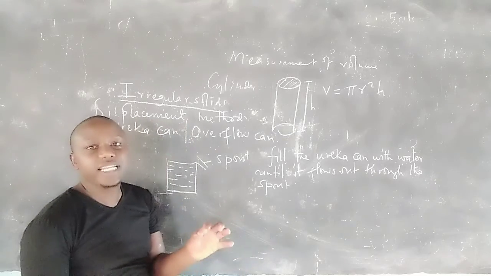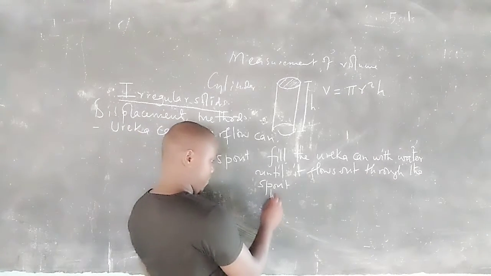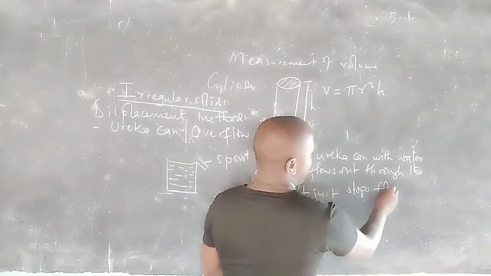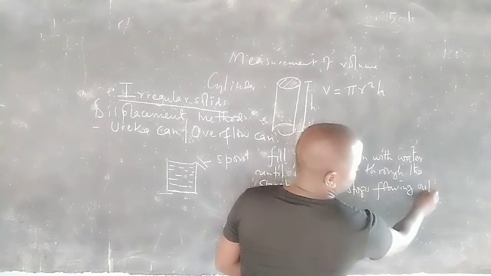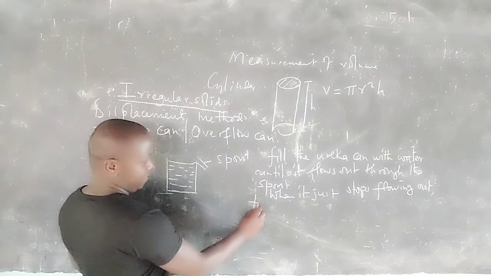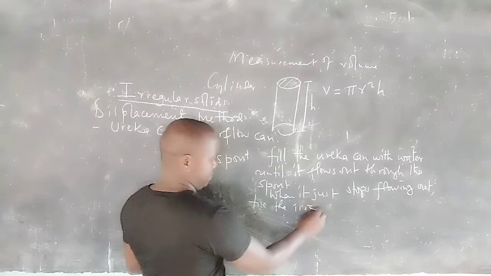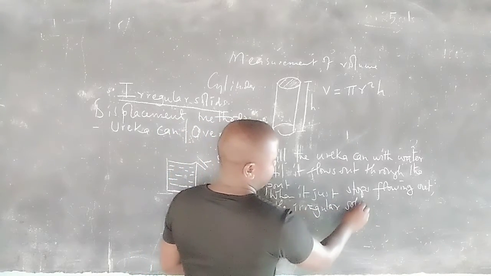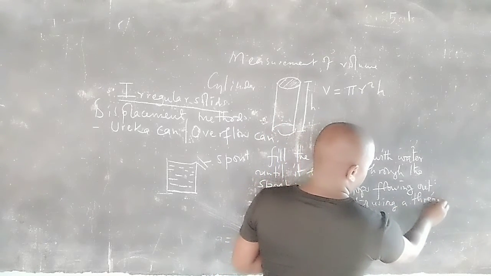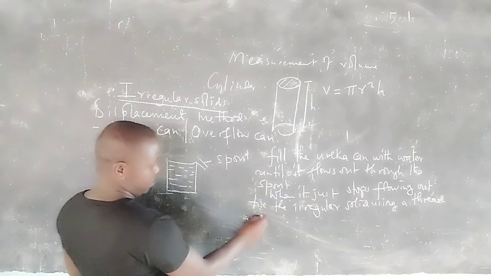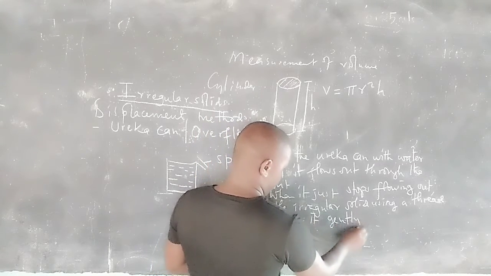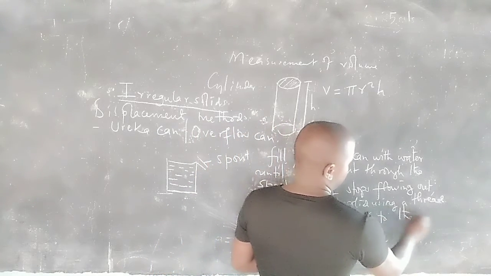Then when it just stops flowing out, we can now tie the irregular solid using a thread, and we lower it gently into the Eureka can.